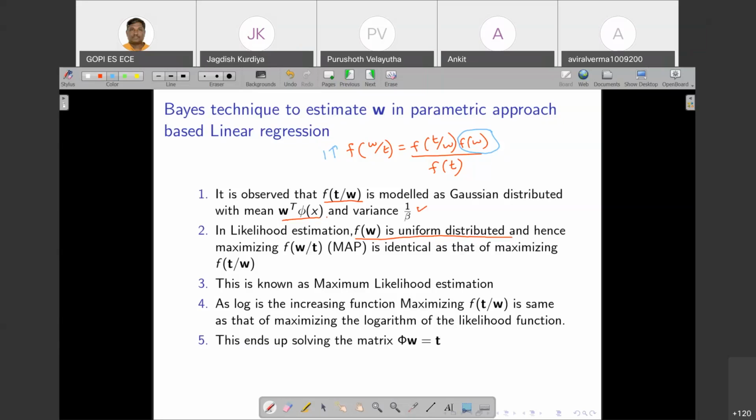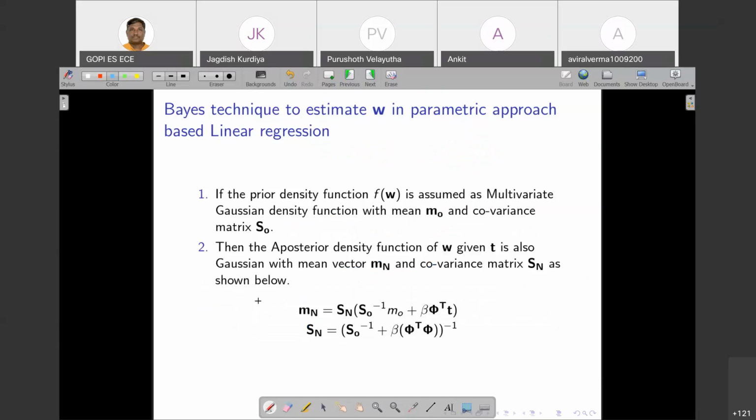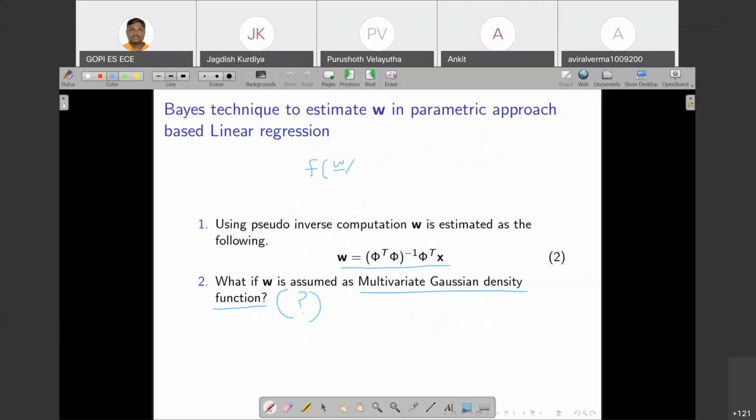Now this is the important point. What if W is assumed as a multivariate Gaussian density function, right? Whatever I'm going to tell now is very important. Once again, I will write that f of W given T is equal to f of T given W into f of W, whole divided by f of T, and you already know f of T given W is modeled as Gaussian.